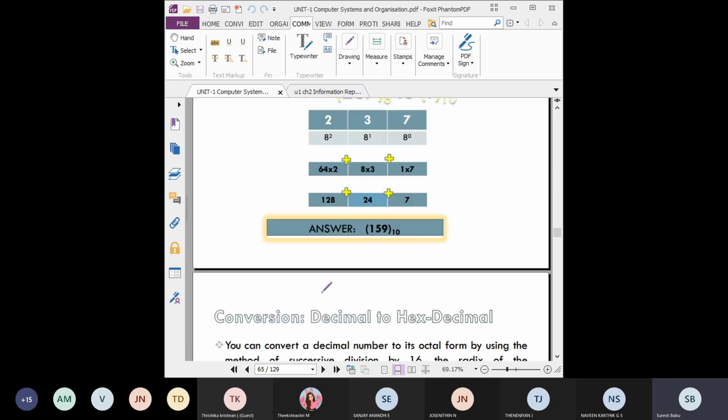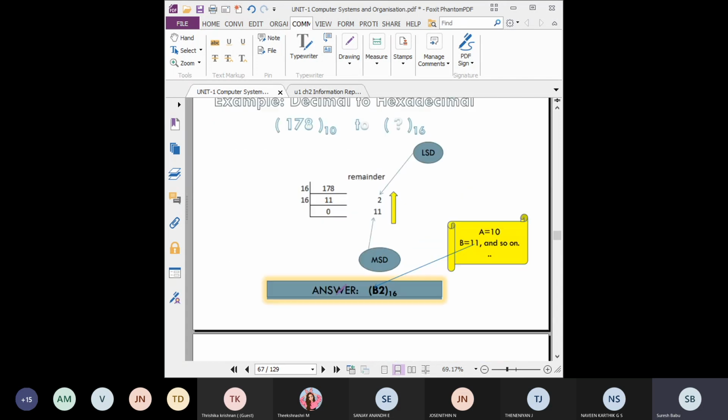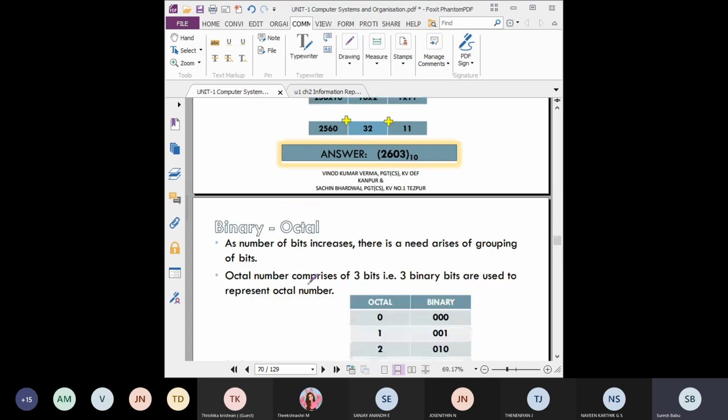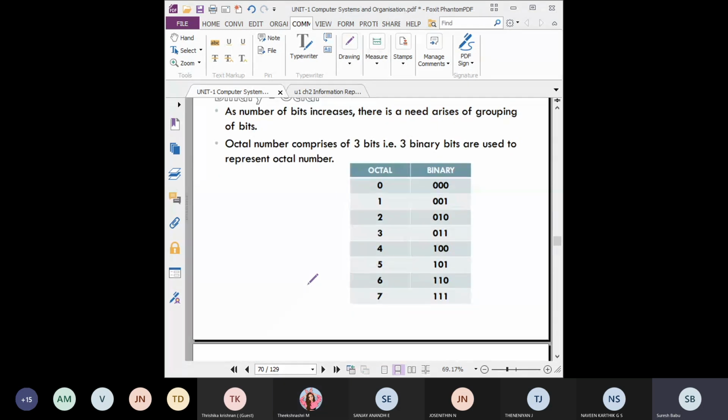Students understood? I have given the algorithm, that is a step by step process, a theoretical process. Then I have given an example also. Octal is equivalent to binary value.